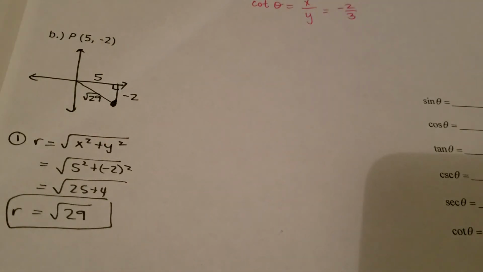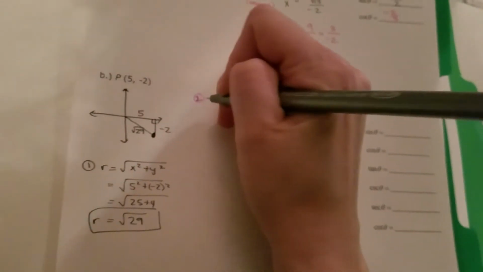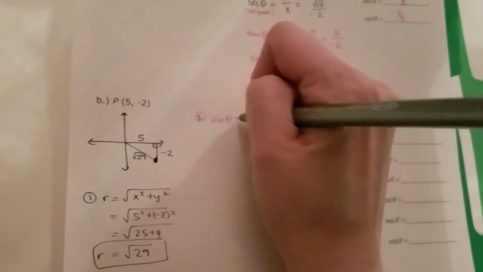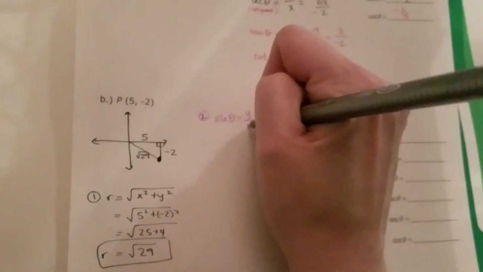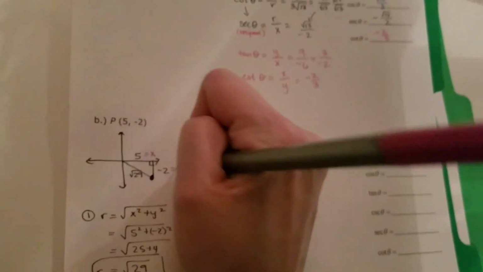So step 2, your trig functions. I like to start with sine. So my sine of theta, which is y over r. This is my x, this is my y, this is my r.